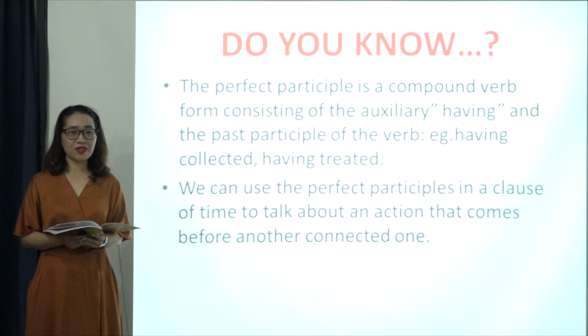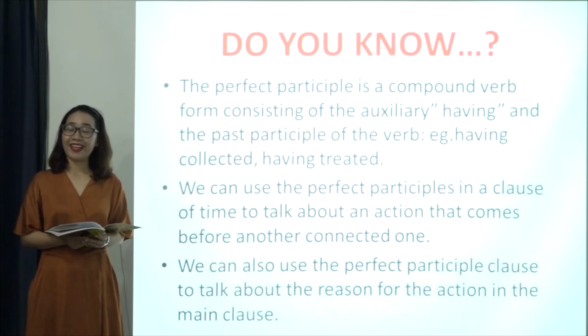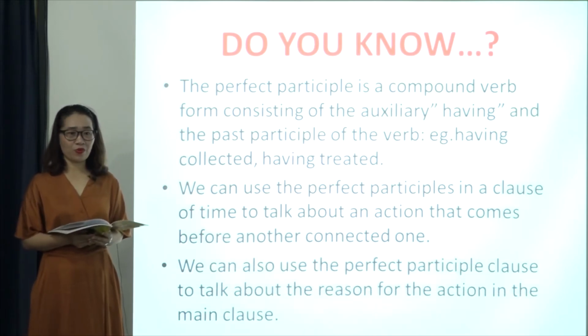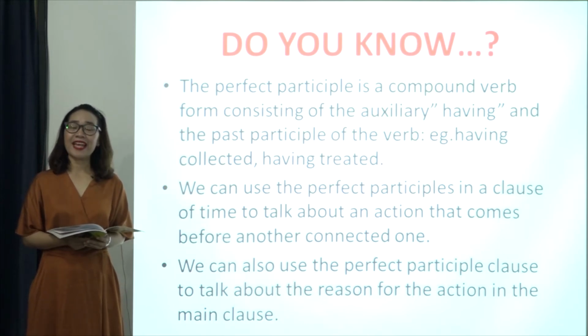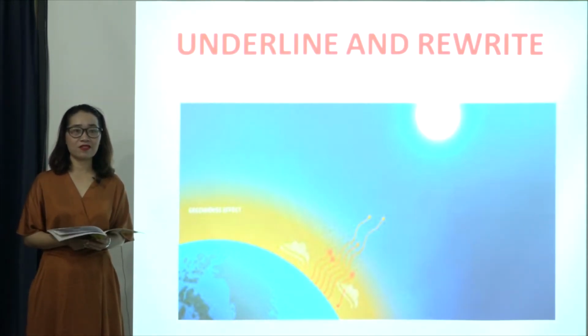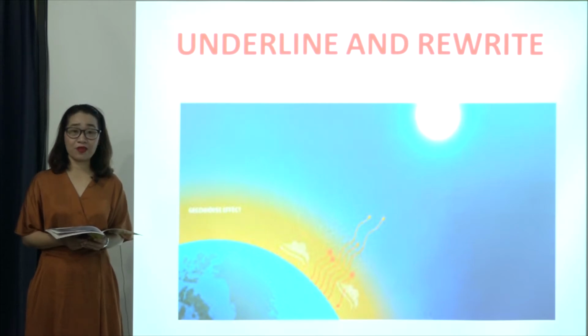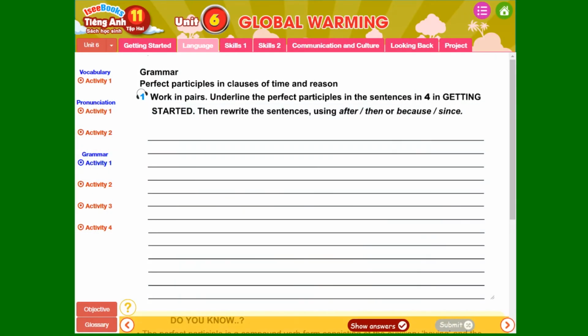And we can use the perfect participle in the clause of time to talk about an action that comes before another one. And we can also use the perfect participle clause to talk about the reason for the action in the main clause. And now we come to do the exercise, underline and rewrite. Grammar.